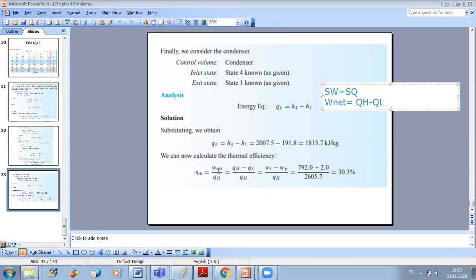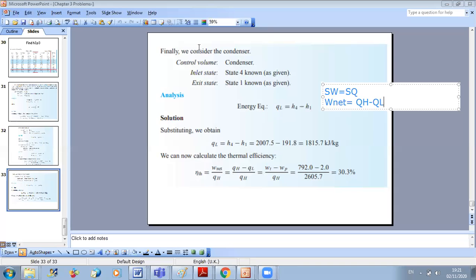So you do W net is W turbine minus W pump, and for Q net it's Q in minus the Q lost, so the input minus the loss. And if you do both, you will end up with the same result for the efficiency.